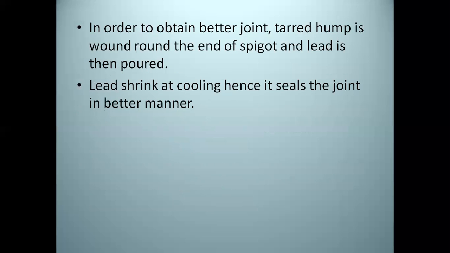In order to obtain a better joint, tarred yarn is wound around the end of the spigot and lead is then poured.